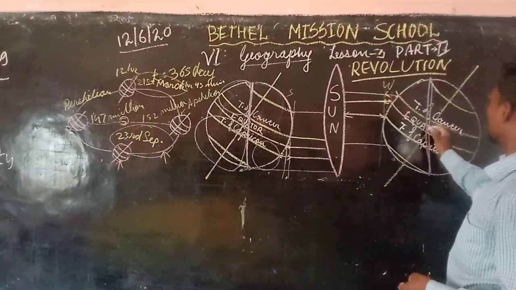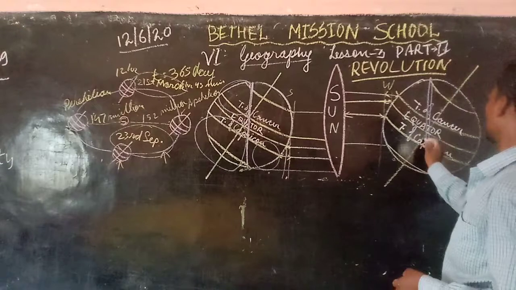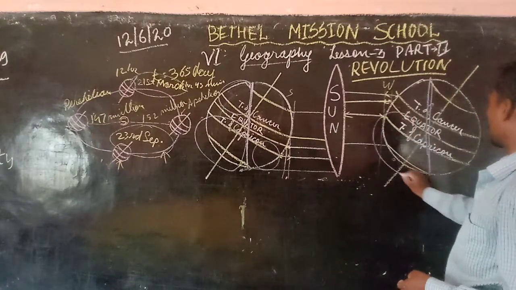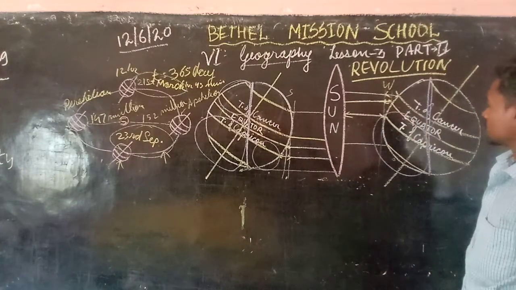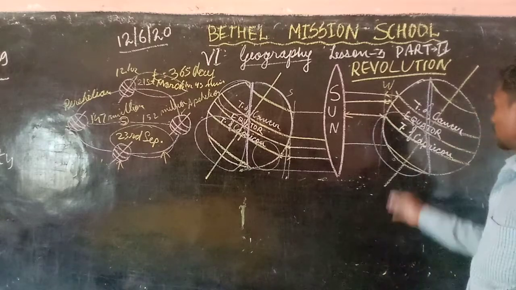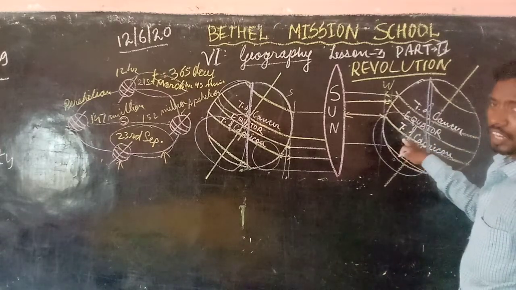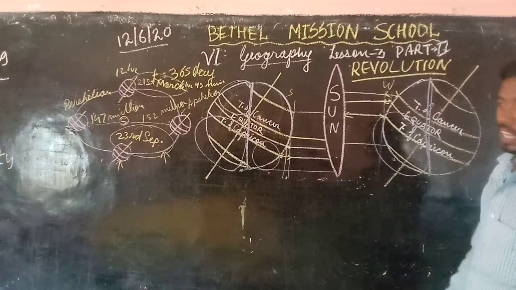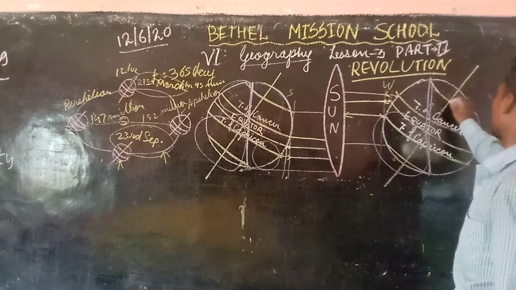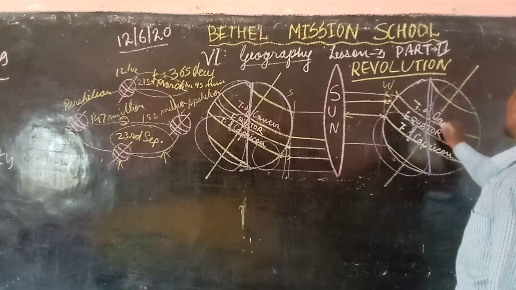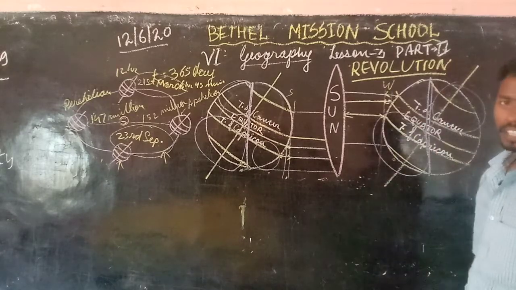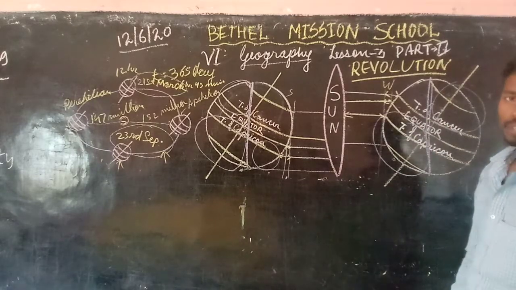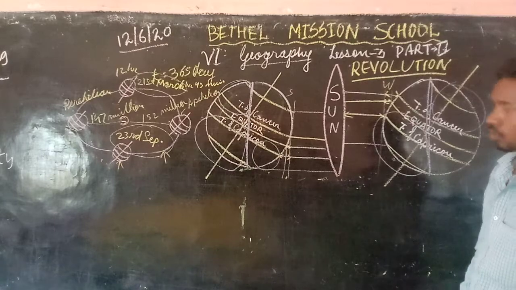So you see that this portion in the northern hemisphere is facing the sun for a long time and therefore it has long days. When it is winter here in the northern hemisphere, you see that in winter, this northern hemisphere has a large portion of dark side, therefore there are long nights during the winter.